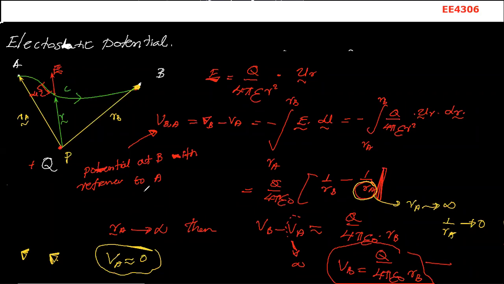You are selecting some reference point, and with respect to that reference point, having a zero potential, you are expressing the potential at any point. So the idea here is that we are deriving an equation for potential at point B due to this point charge of Q by referring to the potential difference. The chosen point should have a potential of zero to express the potential at point B.